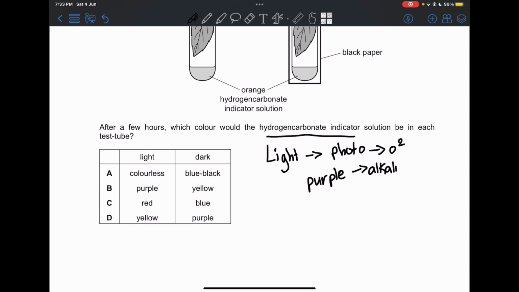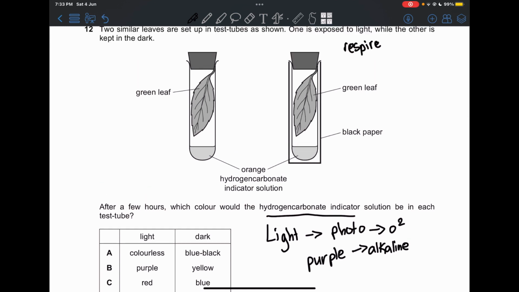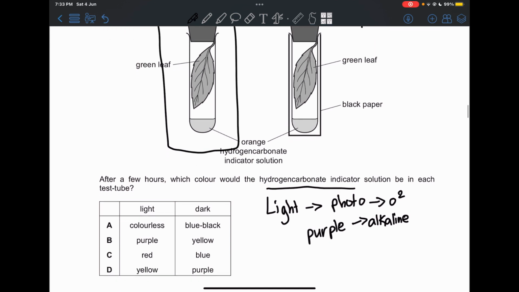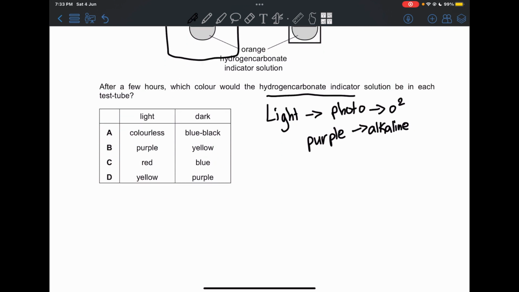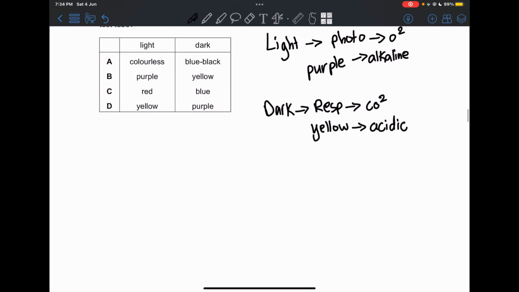So we're going to be choosing something where the test tube has purple color, which is this test tube, which is exposed to the light. So now the dark, which is actually the respiration, which is going to release carbon dioxide, is going to be yellow, because as we know, the hydrogen carbonate indicator is yellow when there is acidic gas, and we know that carbon dioxide is actually an acidic gas.